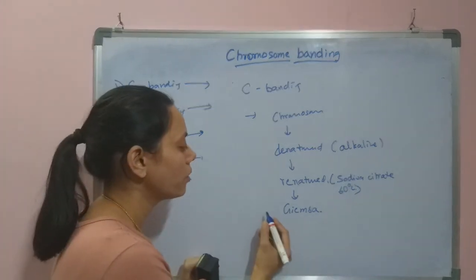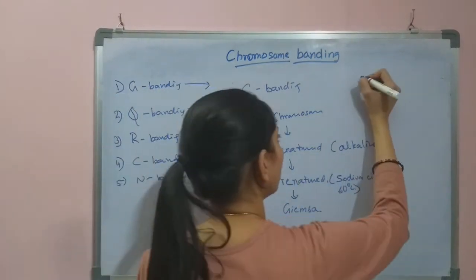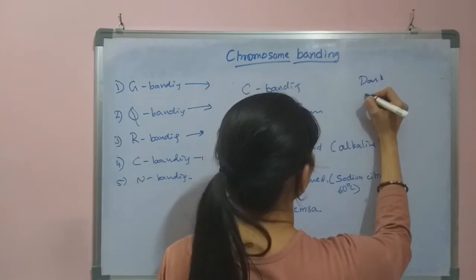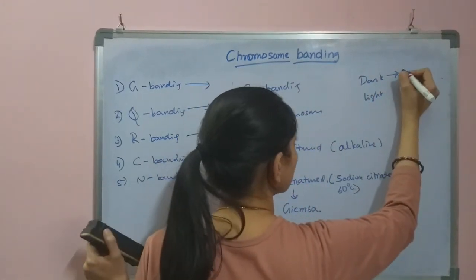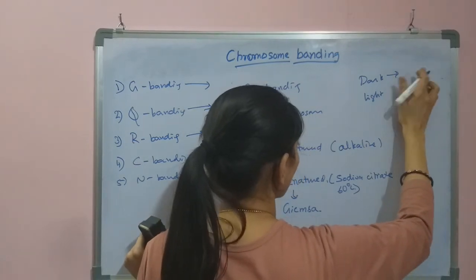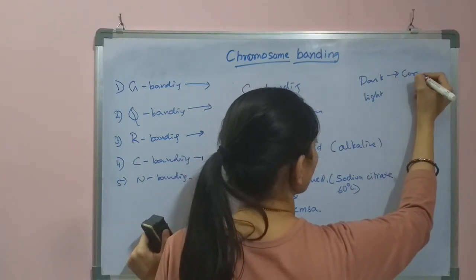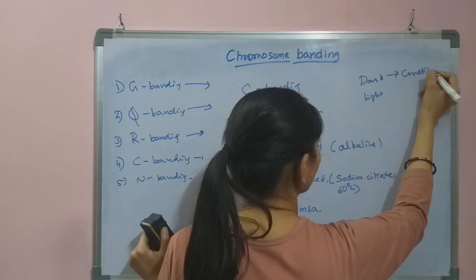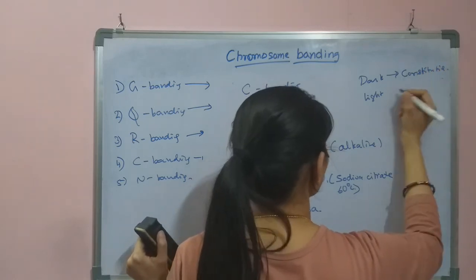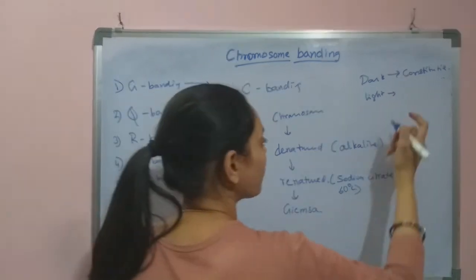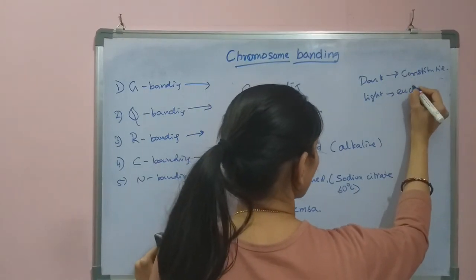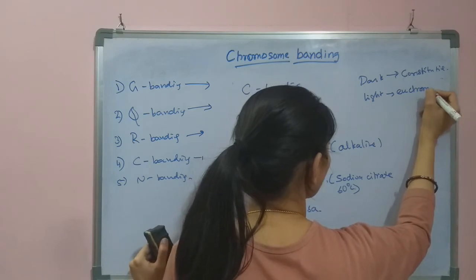So here the dark and light bands will appear. The dark bands indicate the constitutive heterochromatin, and the light bands indicate the euchromatin regions present in the chromosome.